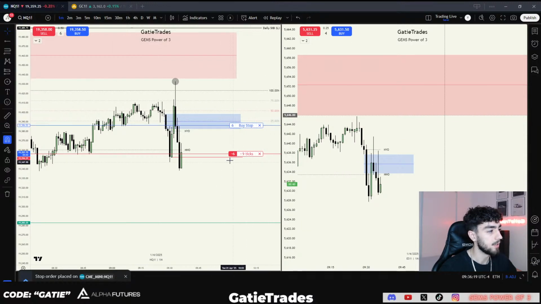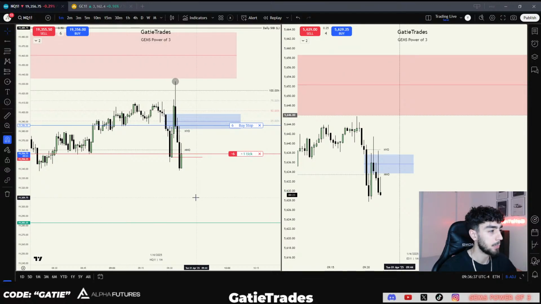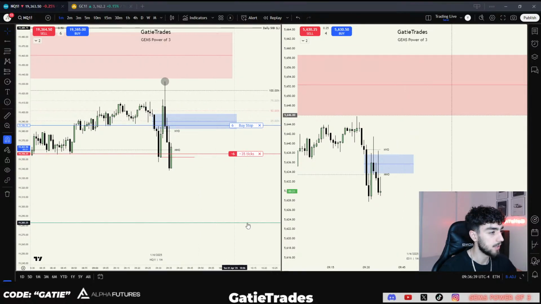We're very volatile right now, so I'm hoping this stays heavy. But if this trade fails, then we'll just wait till 10. This is Asia low.